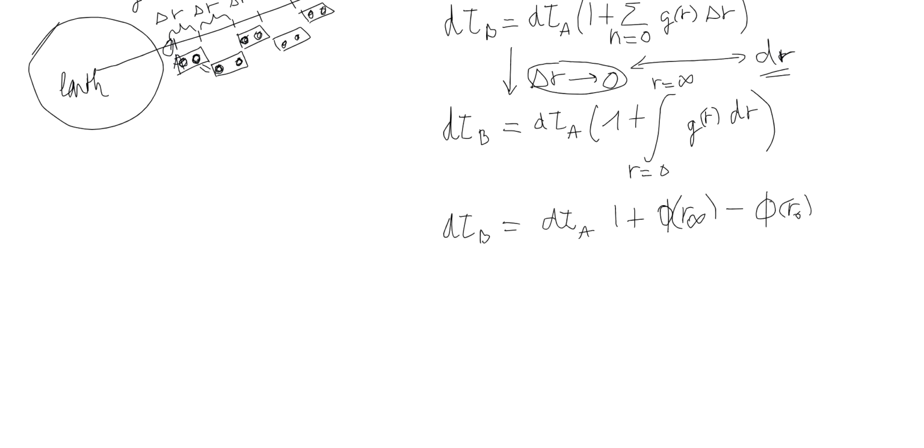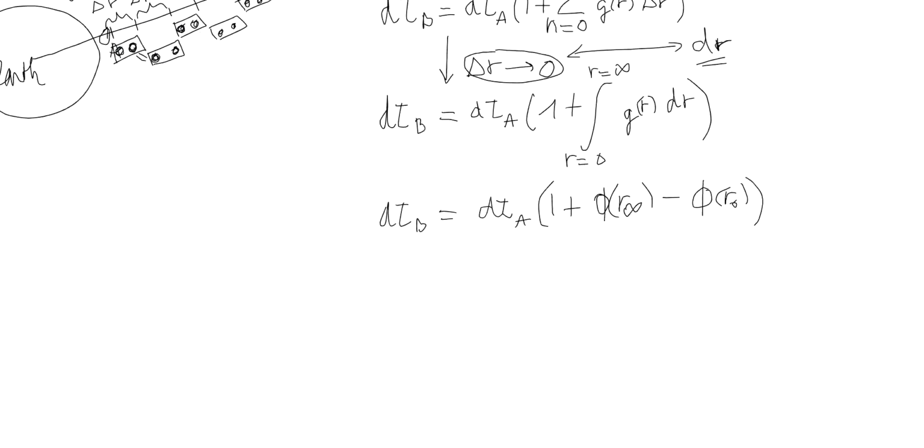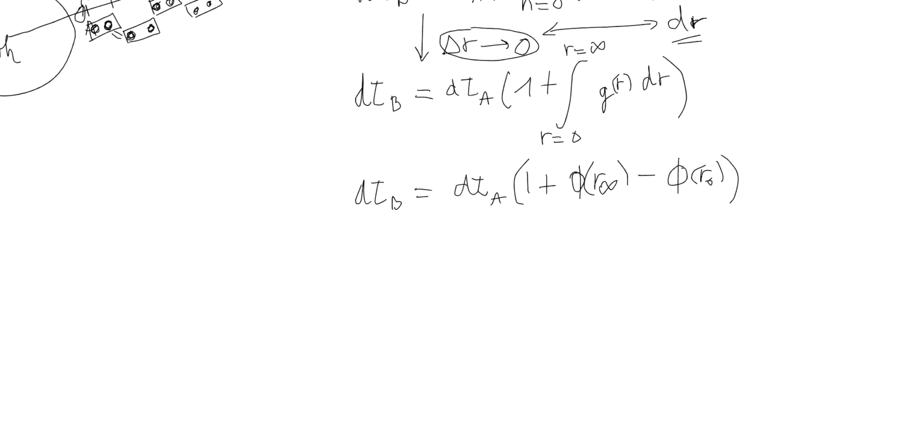right? But we said before, and I'm saying it again, that the gravitational potential infinitely far away from its source, we know that this equals 0. You will never feel any gravitational potential if you're infinitely far from Earth or from the sun or from a black hole. Okay, so this equals 0.